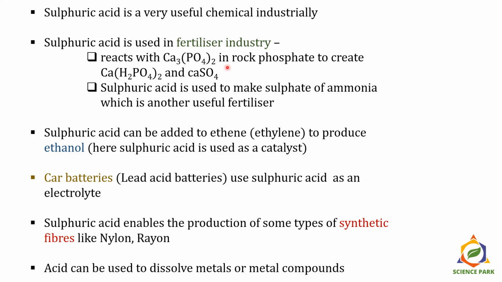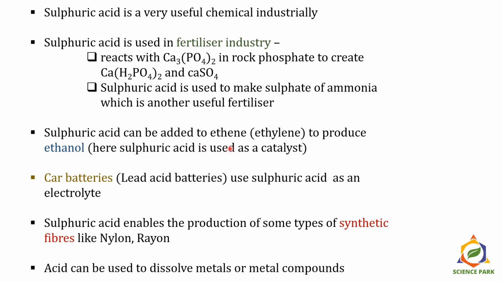For example, if I put sulfuric acid in rock phosphate, whose formula is this, it creates this and calcium sulfate, where calcium sulfate and calcium hypophosphate is a very useful combo fertilizer for different plants in soil. Sulfuric acid is also used to make sulfate of ammonia, which is another useful fertilizer.